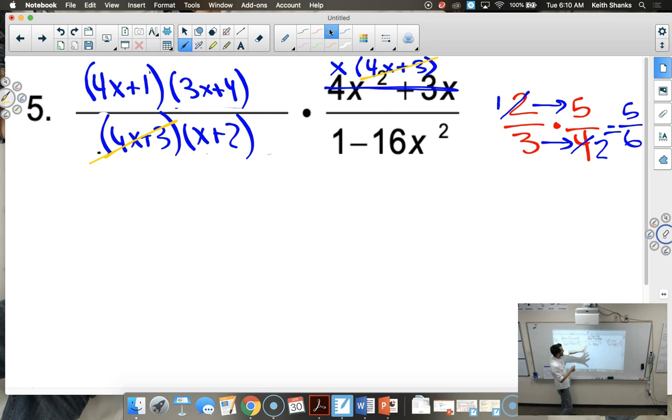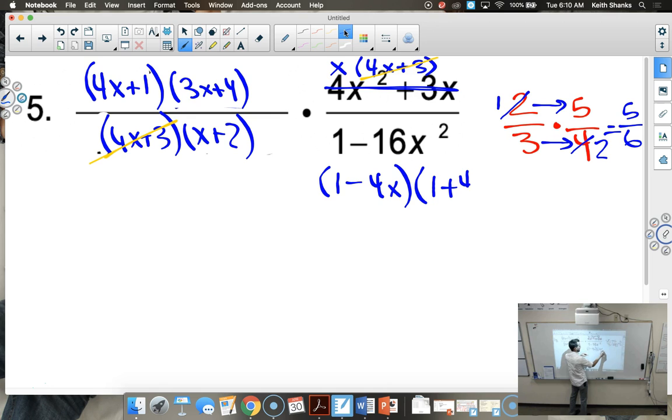All right? And then this one here, I talked about this the other day. You have to recognize this one. When you have two perfect squares, one is a perfect square, and 16x squared is a perfect square, this is the square root of that minus the square root of this times the square root of this plus the square root of this.